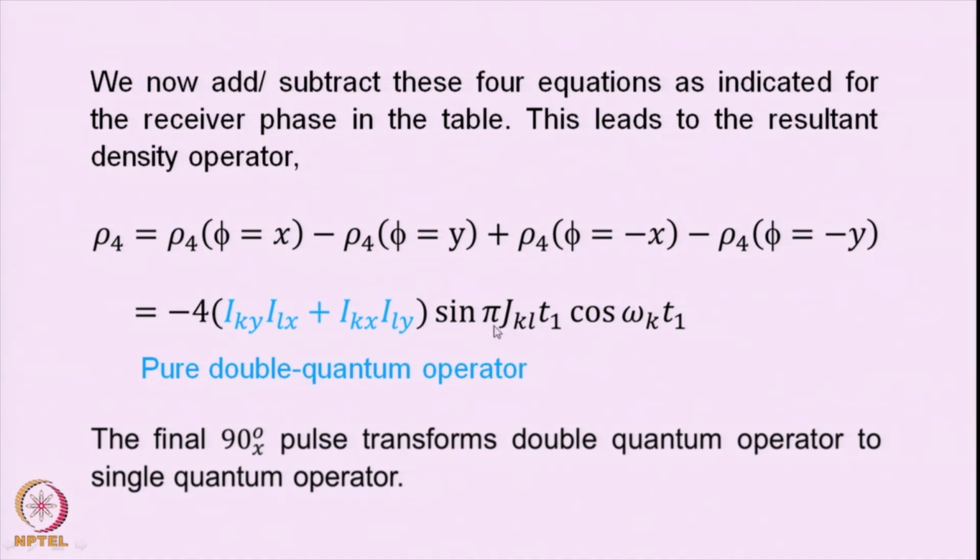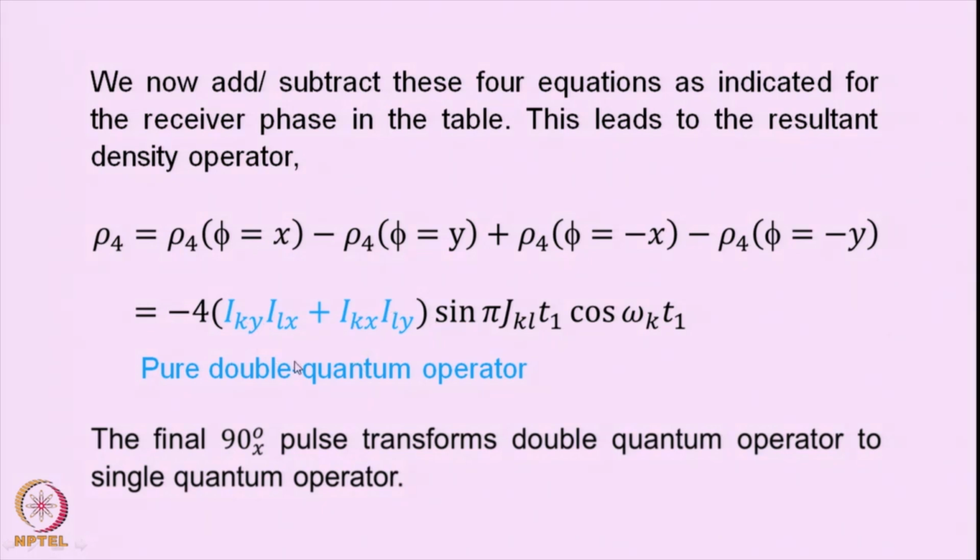The T1 dependent term remains, sin pi j k L T1 cosine omega k T1. These are the coefficients; they do not decide whether it is single quantum or double quantum. The nature of this coherence is decided by these operators. So, this is a pure double quantum operator.